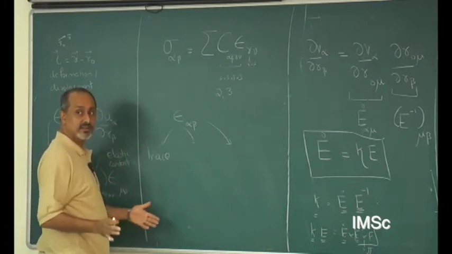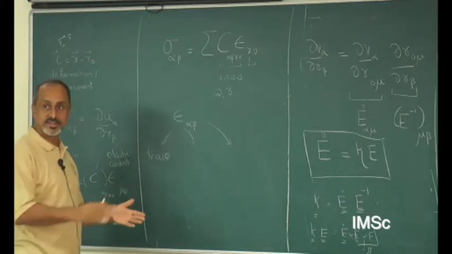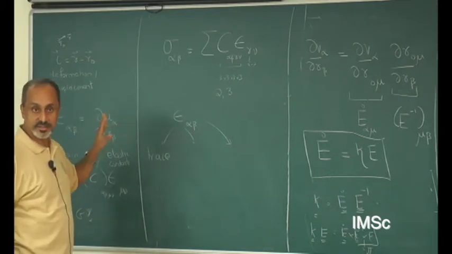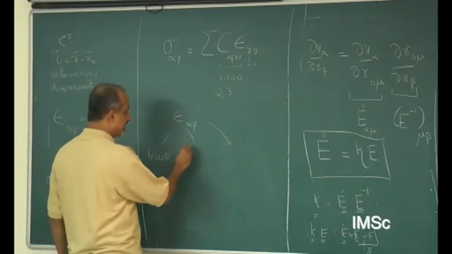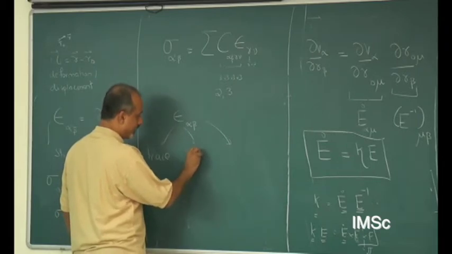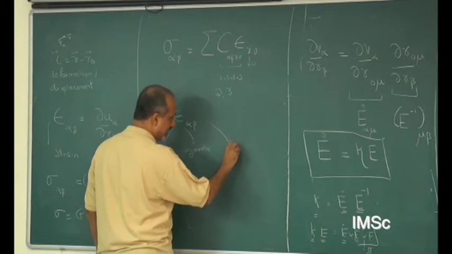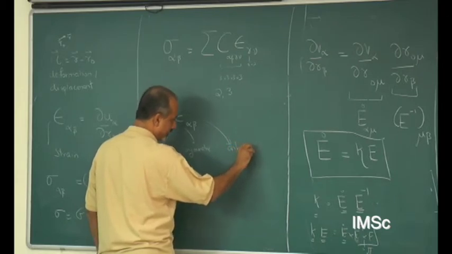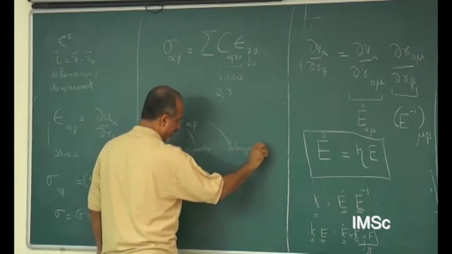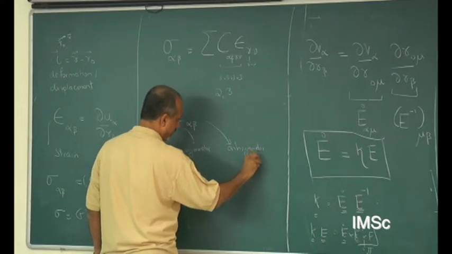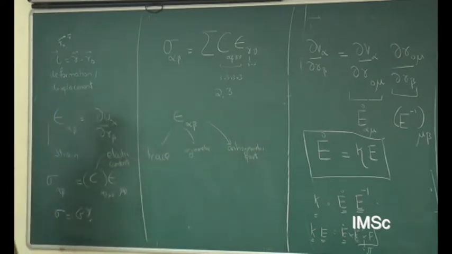Then any other coordinate system that you choose, that sum will be the same because the trace remains invariant. The second is the symmetric part. And the third is the antisymmetric part. Okay? So let me tell you exactly what this is.